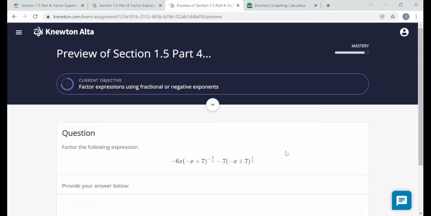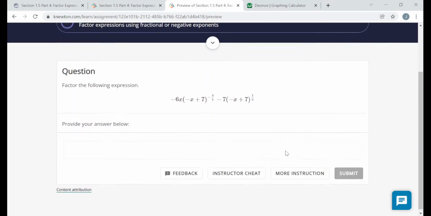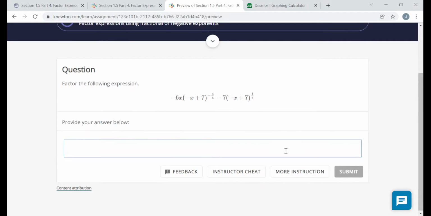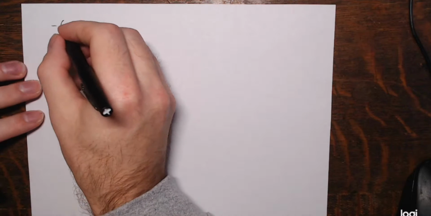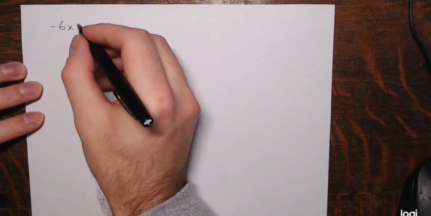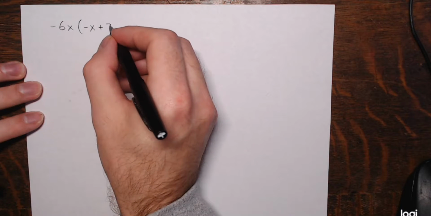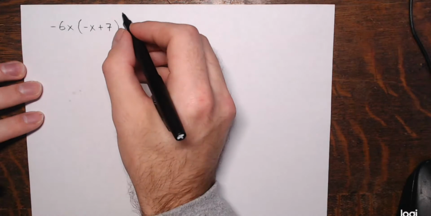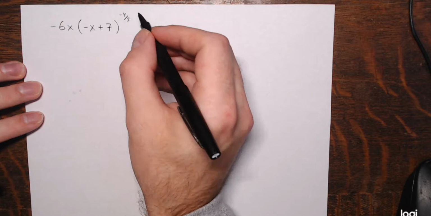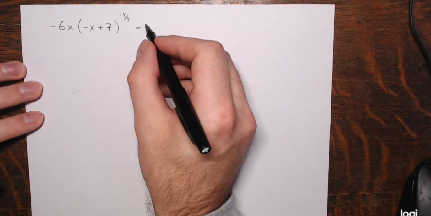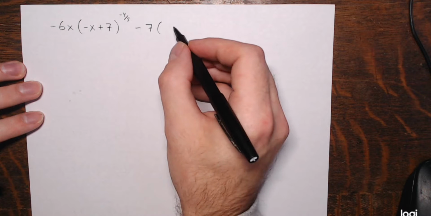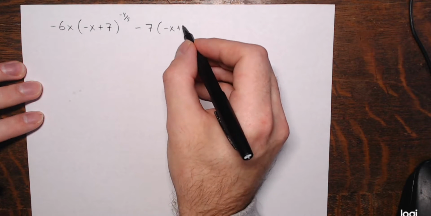All right, and then the very same thing here. Once again I'll write this out, and we'll take a look at factoring it. So negative 6x times the quantity negative x plus 7 raised to the negative 4/5 power, then minus 7 times negative x plus 7 to the 1/5 power.